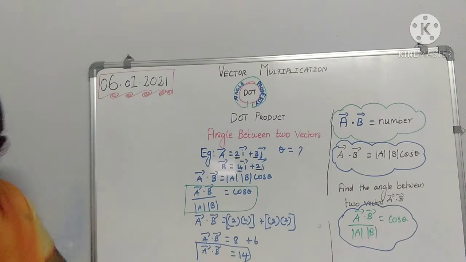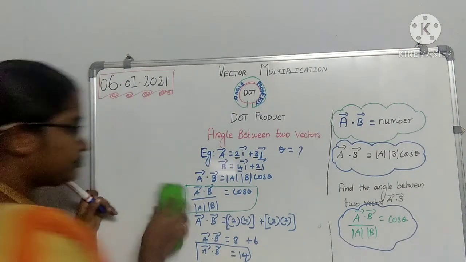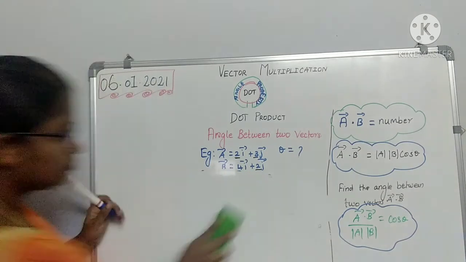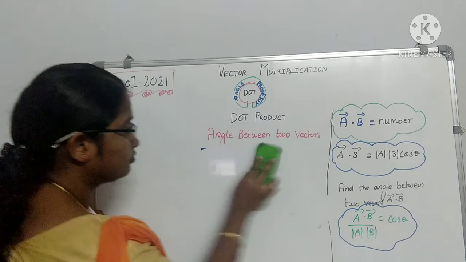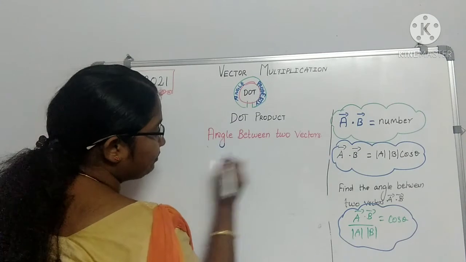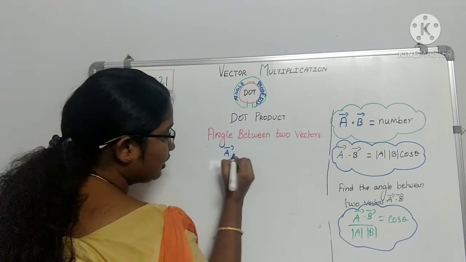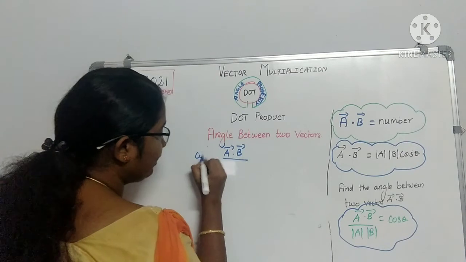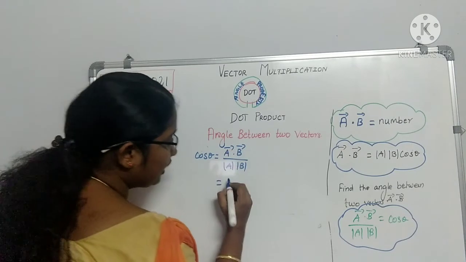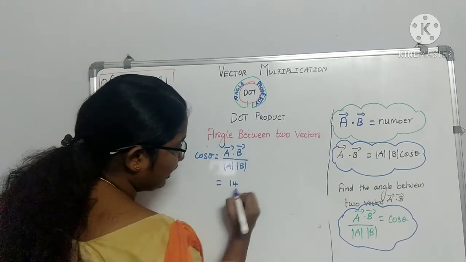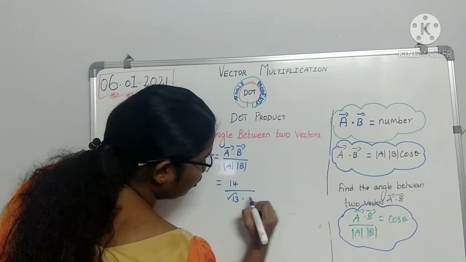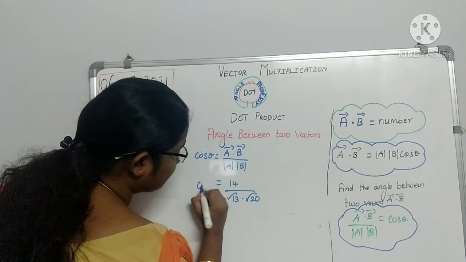And if you substitute in this, A vector dot B vector divided by mod A mod B, here you are getting 14 divided by root of 13 into root of 20, which is cos theta.